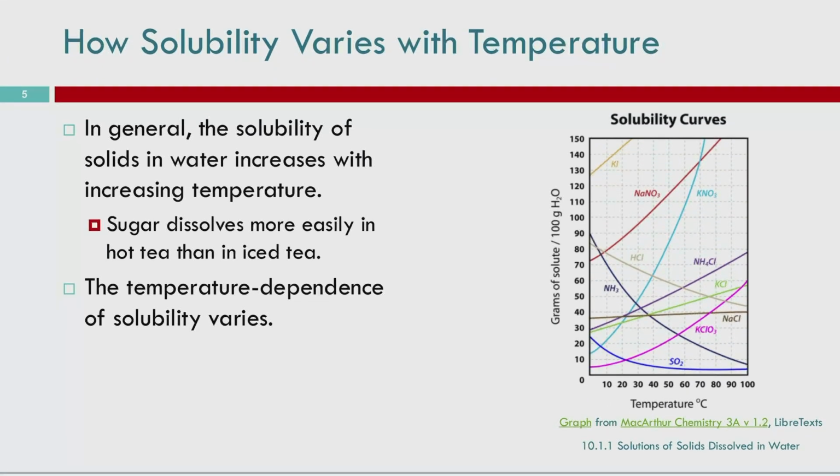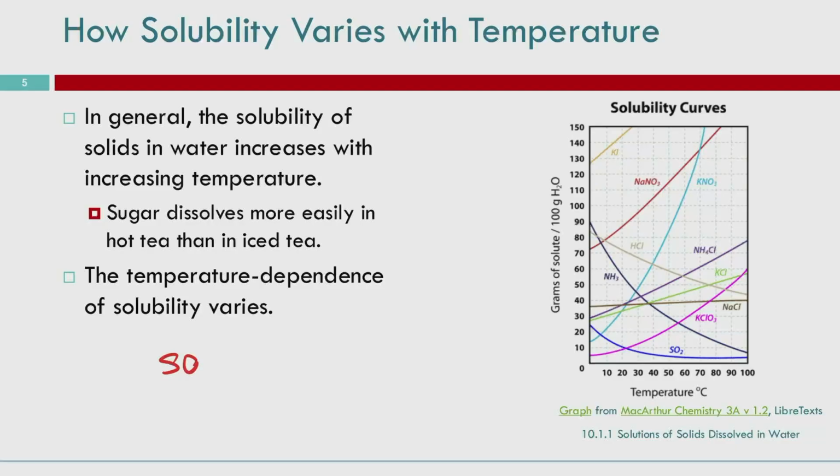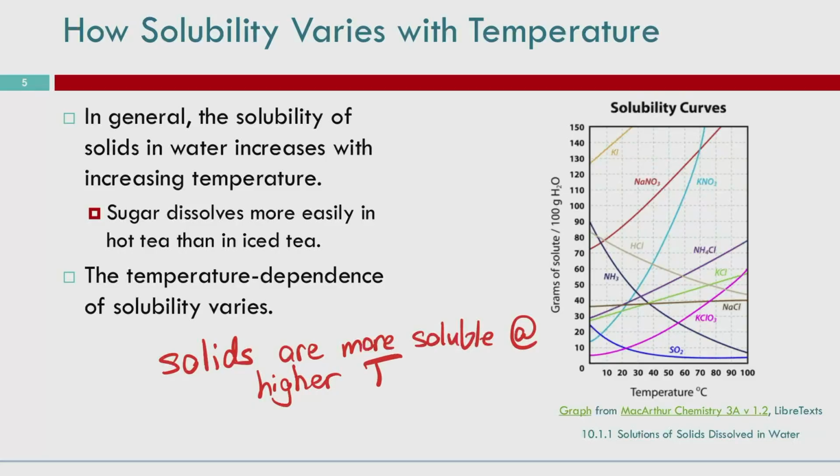There's a temperature dependence for most things with solubility. The general rule of thumb is that solids are more soluble at higher temperature. The relationship is not always the same, so what we're looking at here on this graph, our x-axis is temperature, so moving from left to right, we're increasing the temperature.